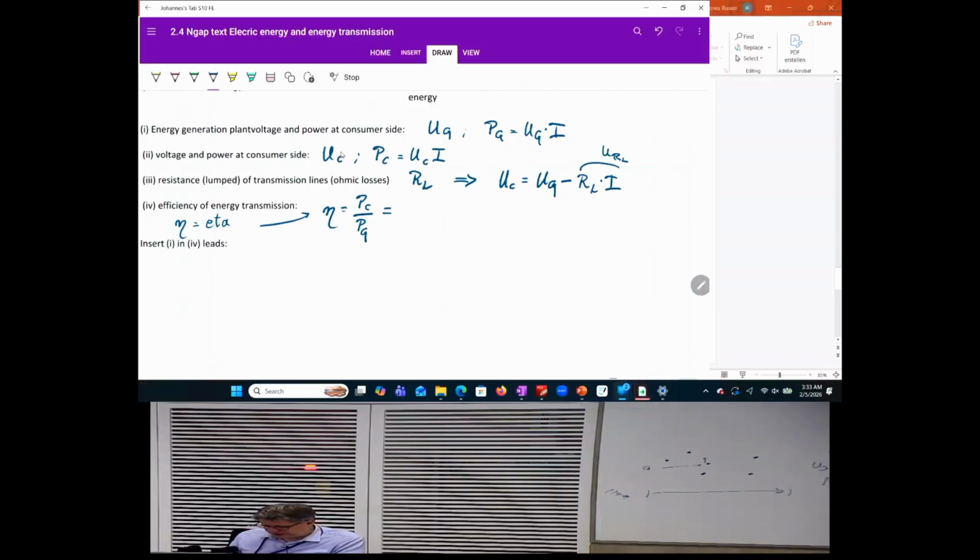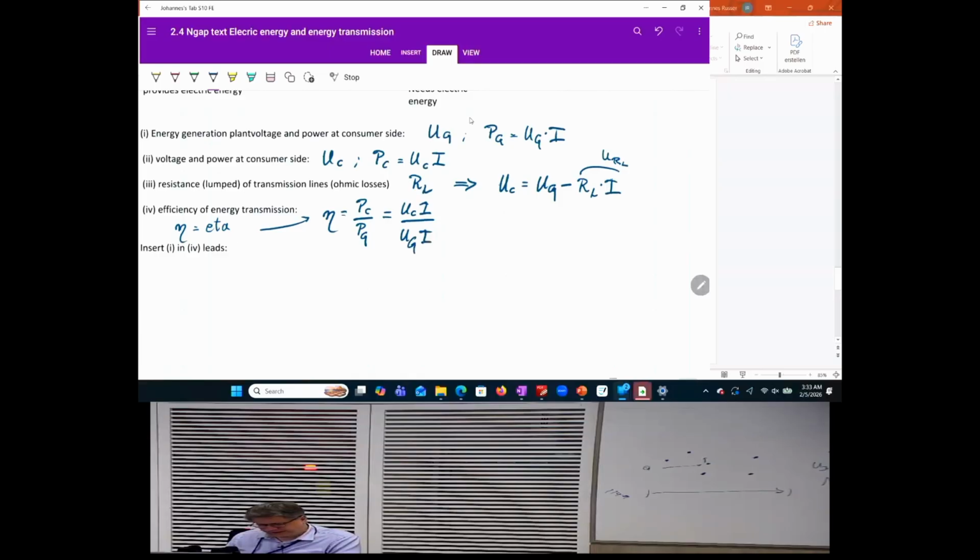So we know the power at the consumer is this UC times I. And at the generator, it is, as you see here, UG times I. And you see that the I is actually canceling out here. And then we take this UC here and insert that here.